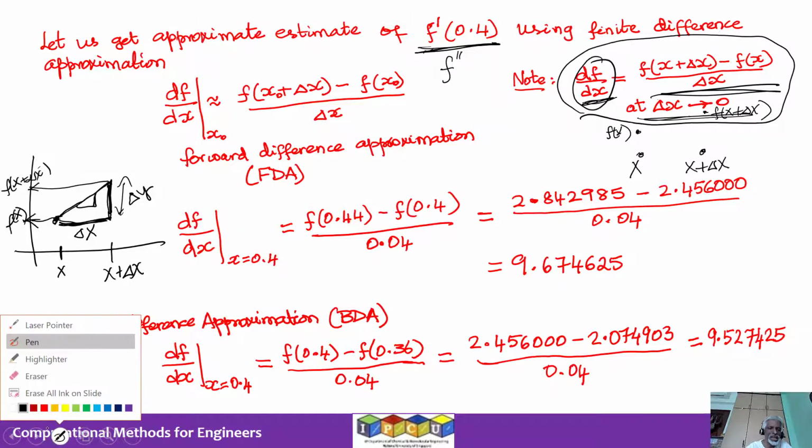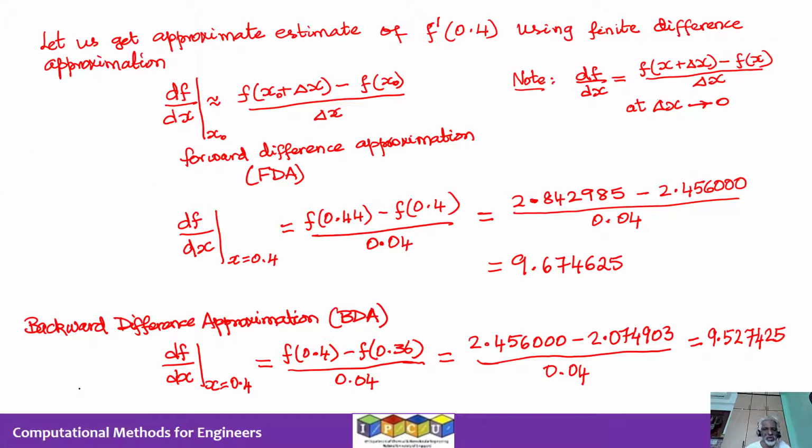But when delta x is not so small, then I can put an approximation symbol instead of the equality symbol here. So df by dx, when I look forward, is approximately f of x plus delta x minus f of x naught divided by delta x. So that's the forward difference approximation.